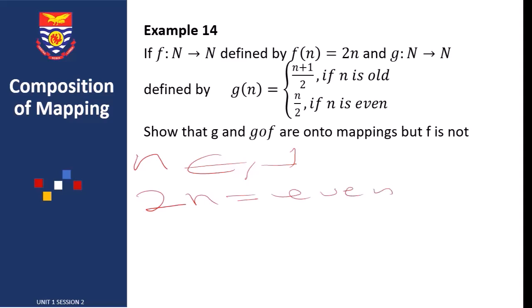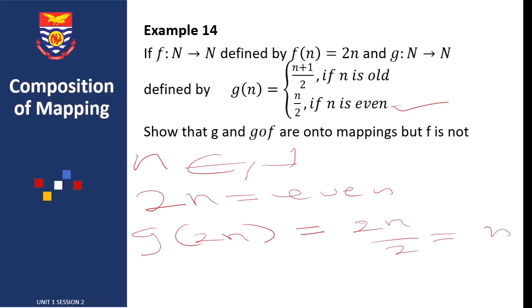Multiplied by 2, every number gives an even result, whether the number is odd or even. If that's the case, then g of 2n, once it's an even number, you put it into where it's even, and that gives g of 2n equals 2n on 2, and that equals n. Great.